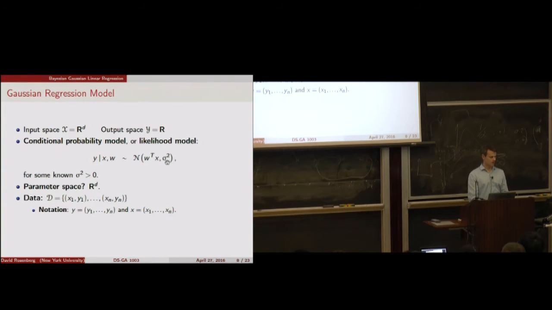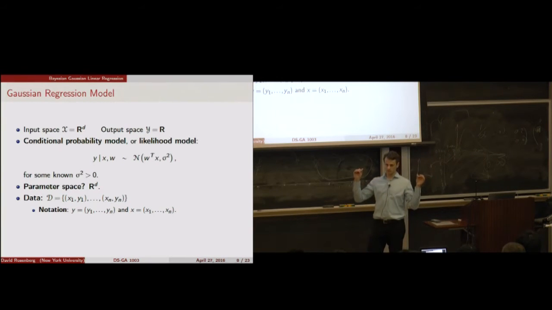Yeah, so you could say, what if we don't assume sigma squared is known, and we tried to fit sigma squared and W using maximum likelihood? You absolutely could do that. And then you are also asking, would the maximum likelihood estimate for sigma squared go to 0?